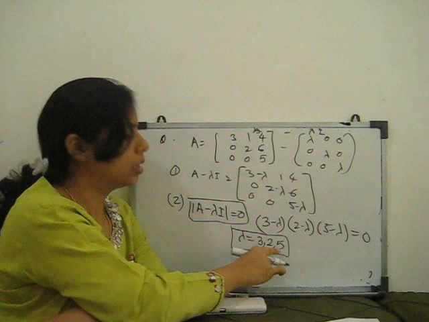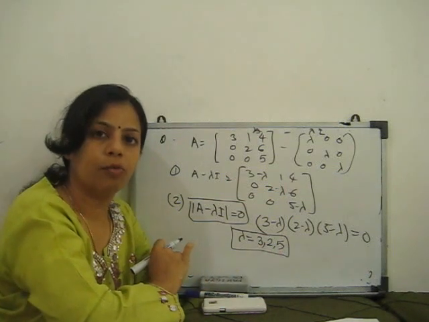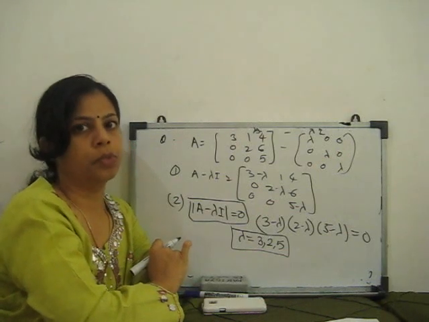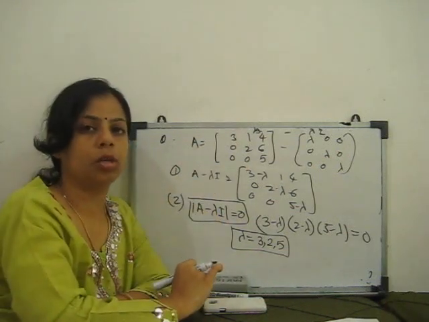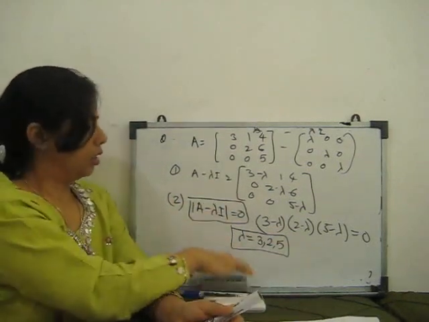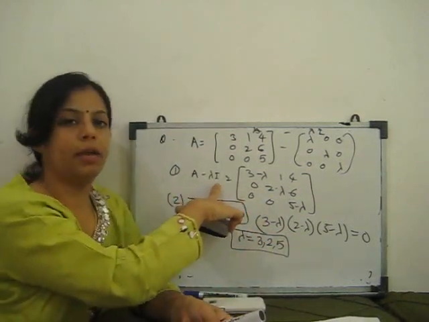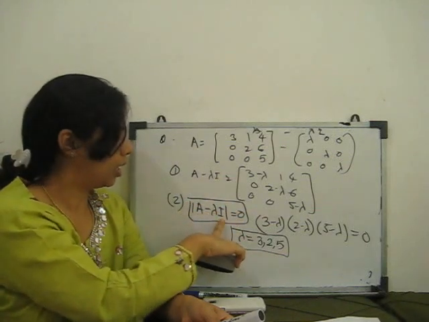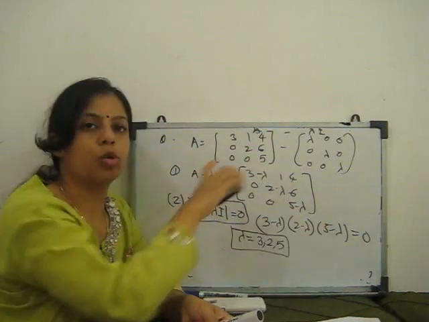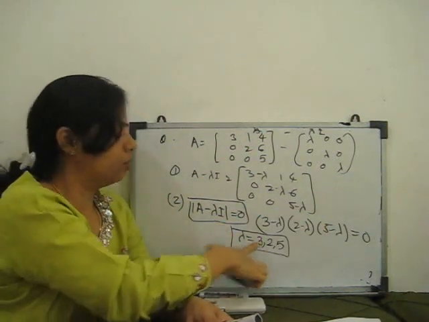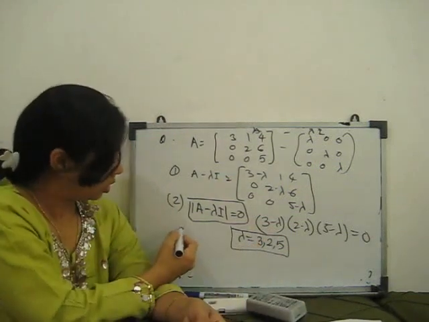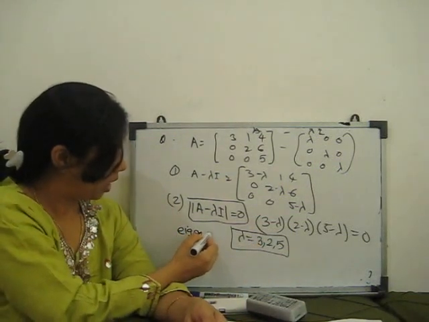So regarding these 3 distinct values, we have to find a set of 3 linearly independent vectors. This is very easy: just form A minus lambda I, then use the relation determinant of A minus lambda I equal to 0. When you take the determinant and find the roots of the equation, it gives the values of lambda. Lambda is called the eigenvalues.